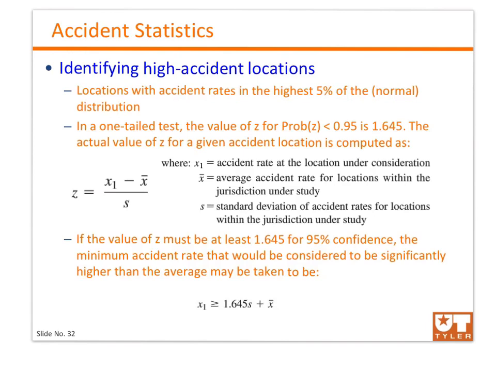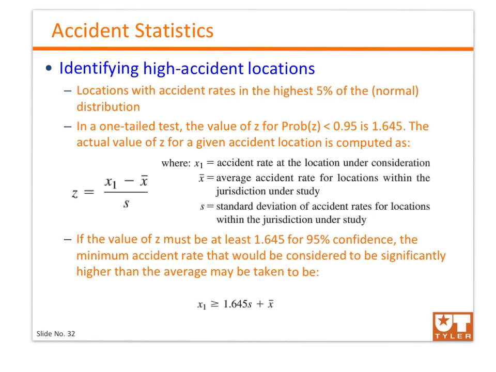So how can we do this on certain locations? Those locations with accident rates in the highest 5% of the normal distribution would need to be distinguished. So how can we do this from a statistical point of view?